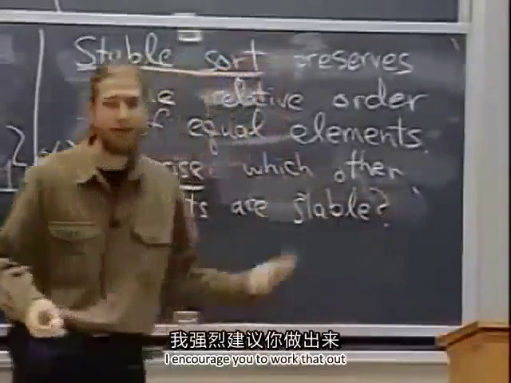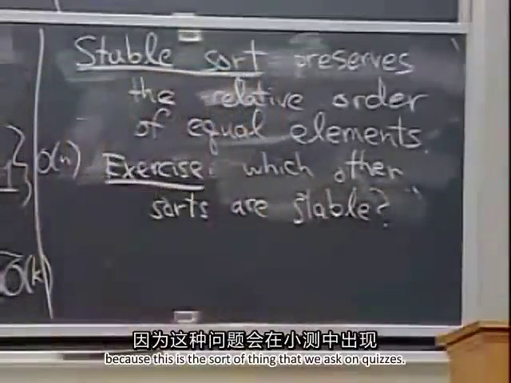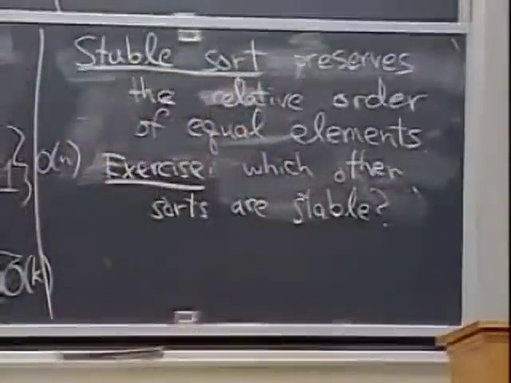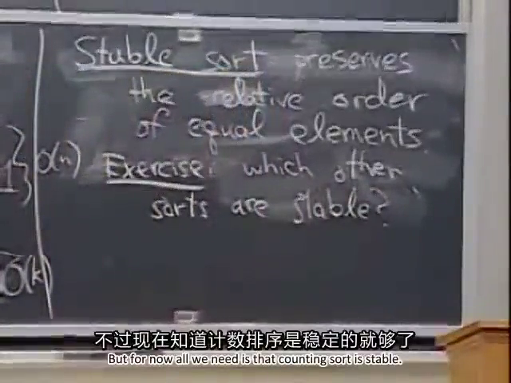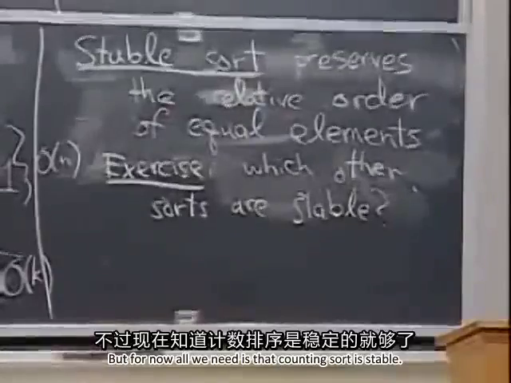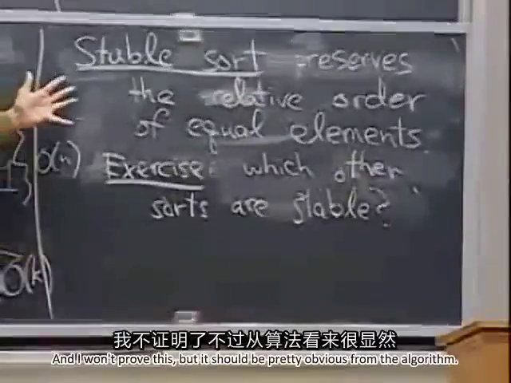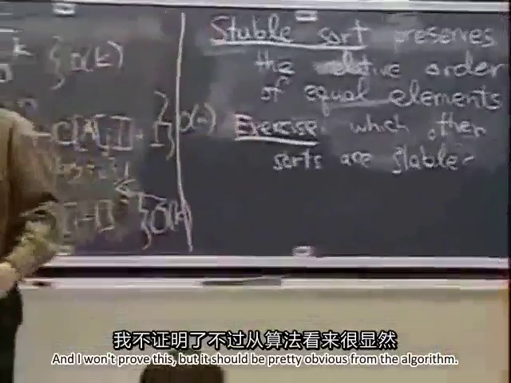I encourage you to work that out because it's the sort of thing we ask on quizzes. But for now, all we need is that counting sort is stable. Okay, and I won't prove this, but it should be pretty obvious from the algorithm.